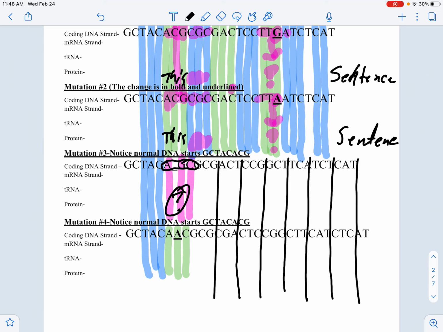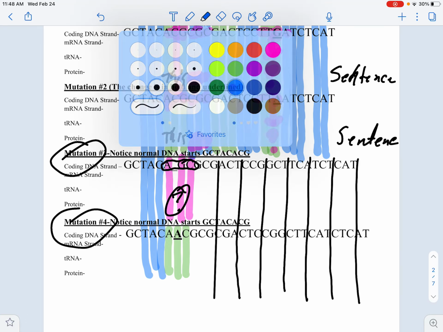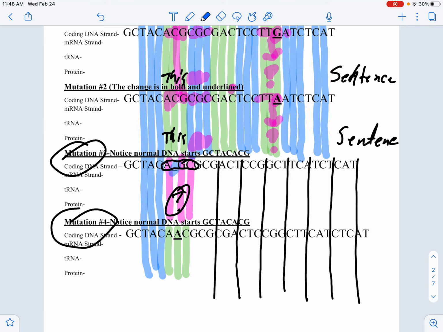All right, but then if we go down here to mutation number 3 and mutation number 4, right in here we notice that there's this little dash. What that means is that's where the mutation occurred. And if we look, the normal DNA strand starts GCTACACG.